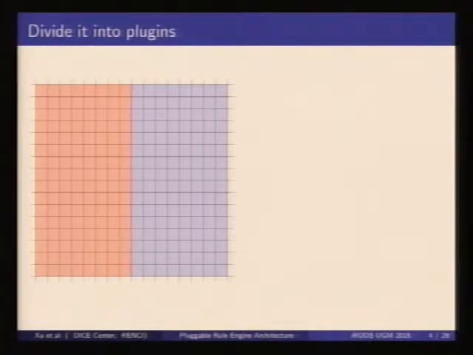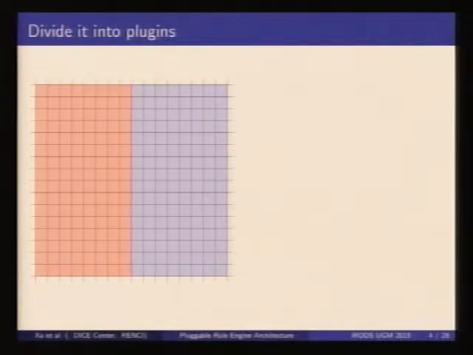You call one piece the red piece here, the core, and you call the blue piece here, the plugin. So what does this division give you? It gives you the benefit of simplicity and flexibility. It's simple because when you want to implement a new feature, you keep the red part, the core, fixed.